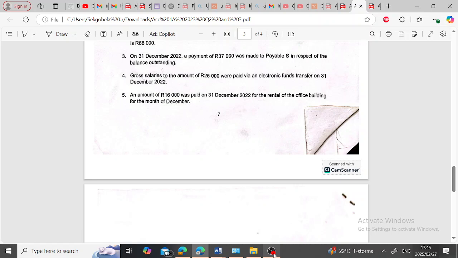Assets increase on the debit side, which is the left-hand side, and decrease on the right-hand side, which is the credit side, apologies. Owner's equity is the opposite. It decreases on the left-hand side, which is the debit side, and increases on the right-hand side, which is the credit side. Likewise with liabilities. You guys are following.